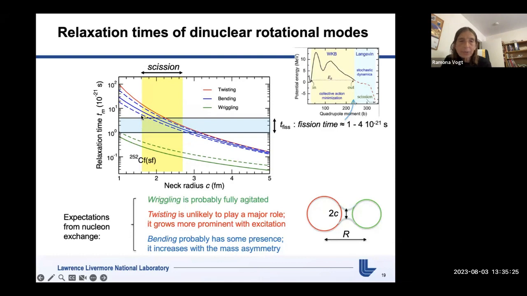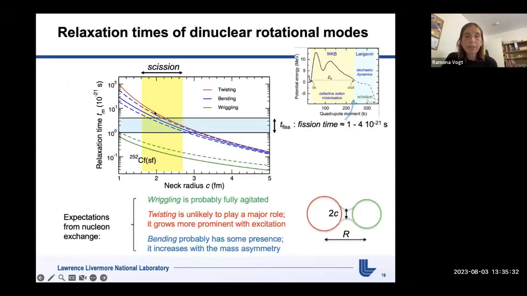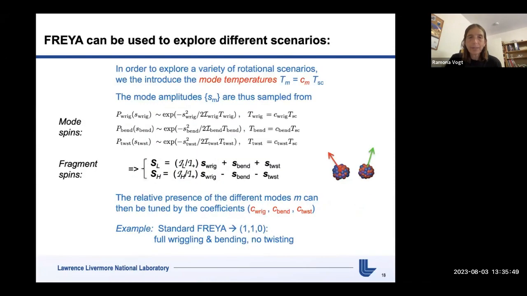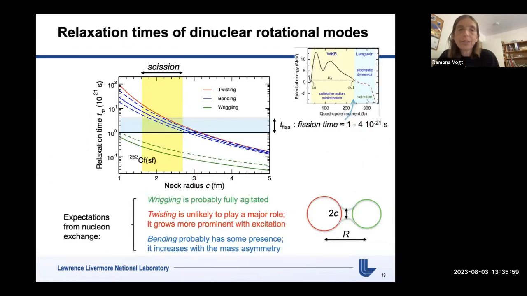If the neck radius is really short or the fission time is long, it might not be, and twisting is going to be less engaged than bending. We don't show tilting, it's even slower. And in fact, here the tilting is L.R is 0, so it's not engaged.